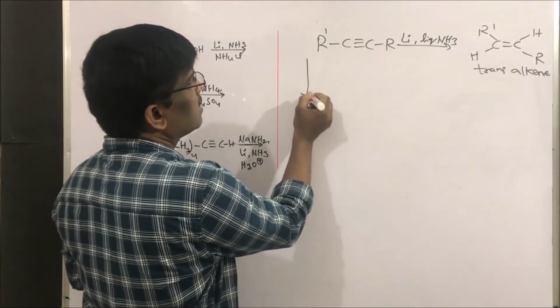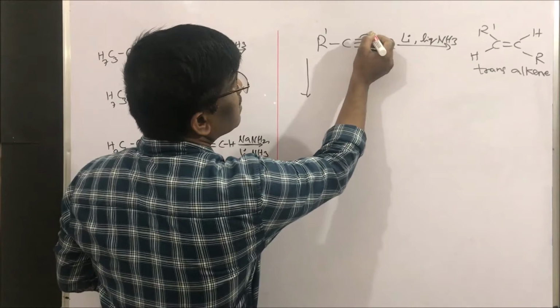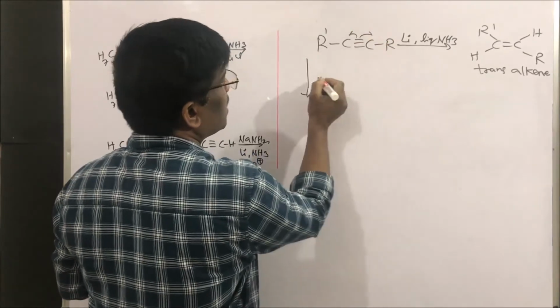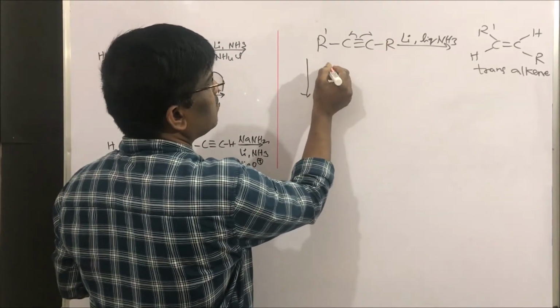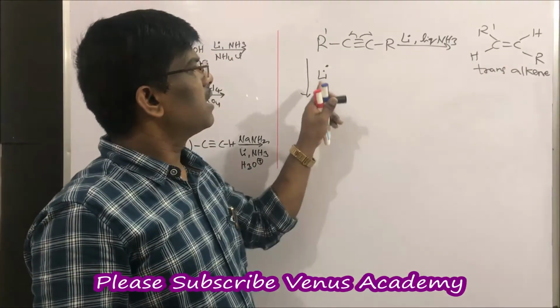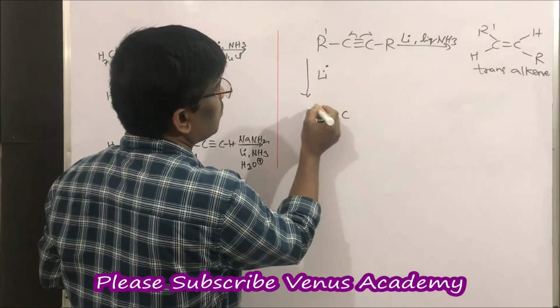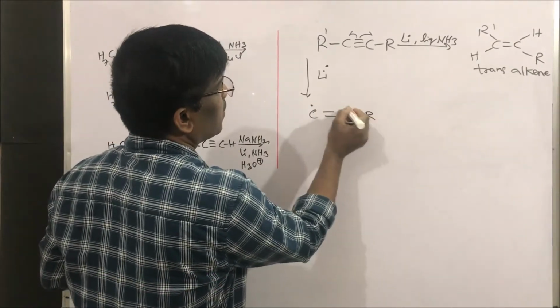Let us see. Since it is an alkyne, it can undergo, yes, homolytic fission. In the presence of lithium, that is in the presence of the free radical or radical ion, this takes place. Say for example, R prime.